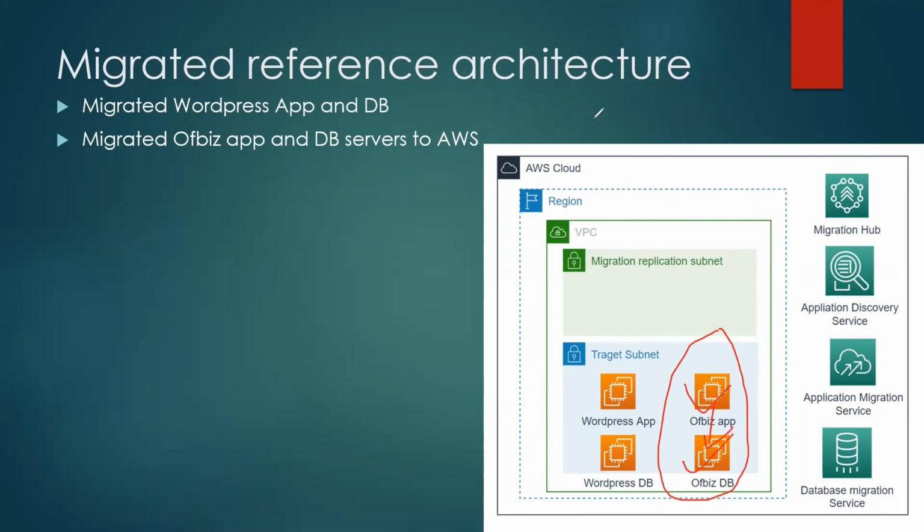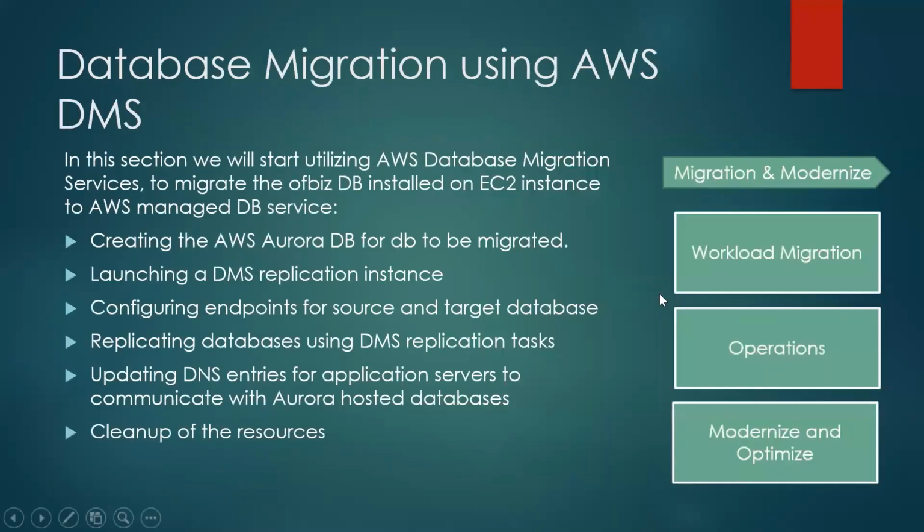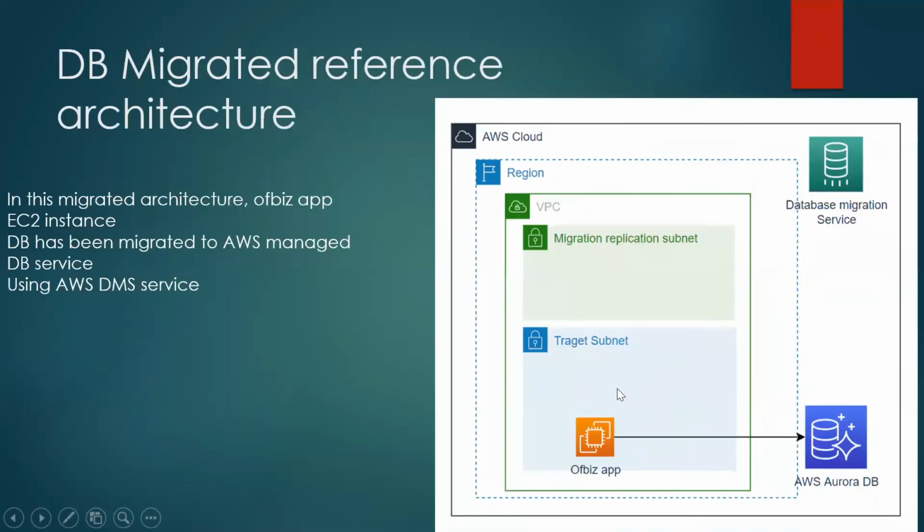Now we are using the Database Migration Service. We have migrated this database towards an AWS managed database. If we move forward, this has been migrated. So now this app is connected to the AWS Aurora DB. I hope that helps to clarify your concept of database migration.